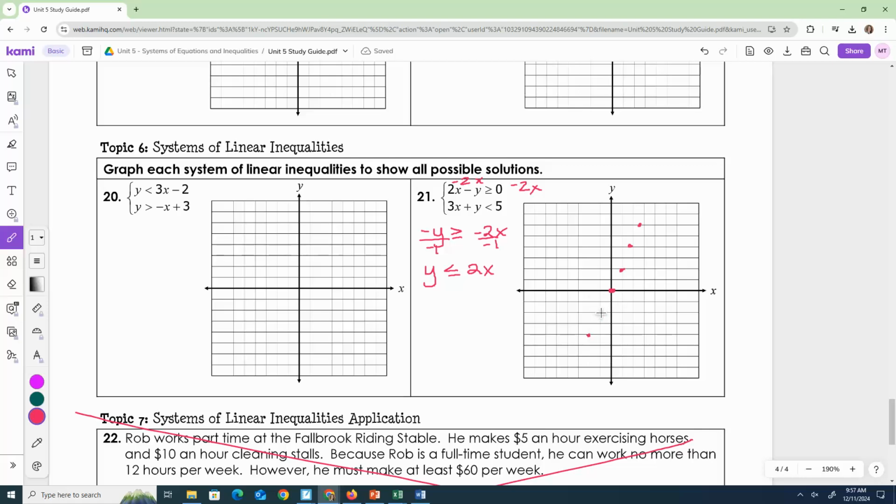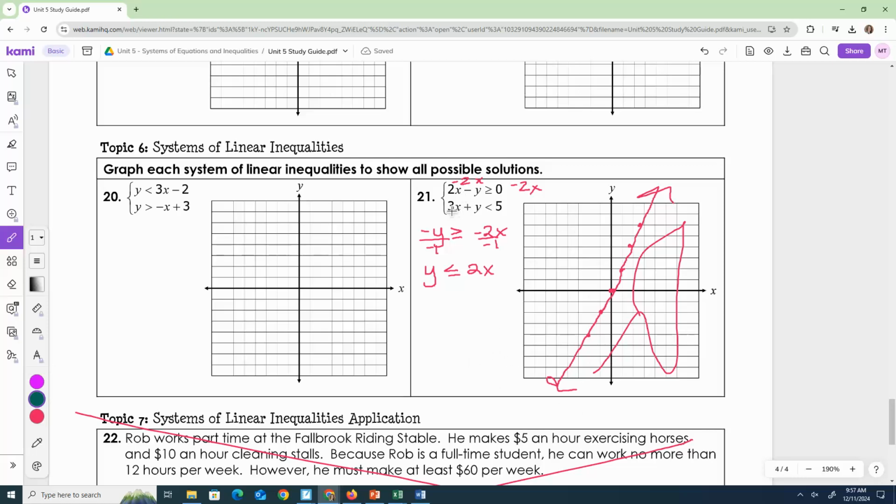Okay, so we have our solid line here. And then we have to decide which side to shade. So we look at the inequality. Less than is below, greater than is above. This is less than 2x. So think about your y-intercept. If you are less than that, you are below it. So we are lightly shading in this area. It's not my final answer yet, but it's the first part.